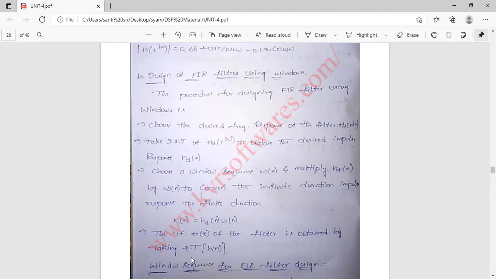Next, take the inverse Fourier transform of HD of e power j omega to obtain the desired impulse response, that is HD of n.